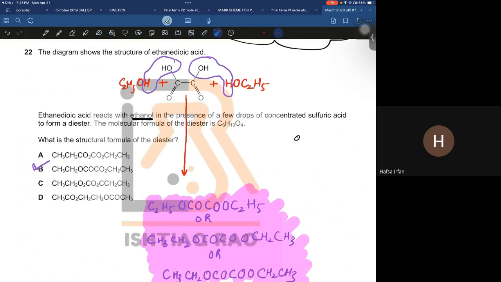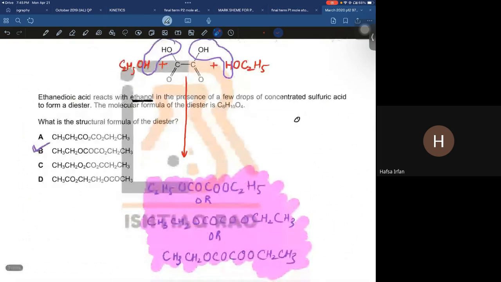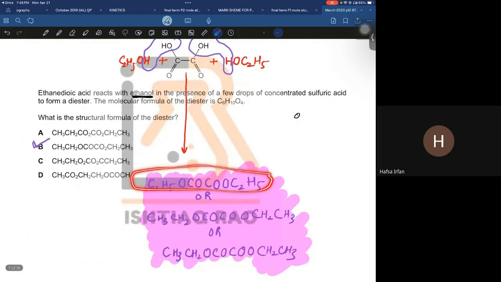First of all, you have to react this dicarboxylic acid with ethanol, because they mention that a diester would be formed. So of course you have to react ethanol twice. First, ethanol reacts with this carboxylic acid group, and another ethanol reacts with the other carboxylic acid group. So they form a diester just like that. This is the diester.